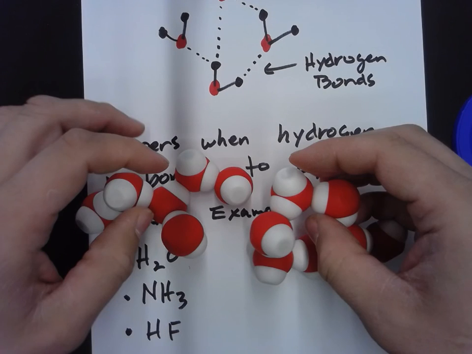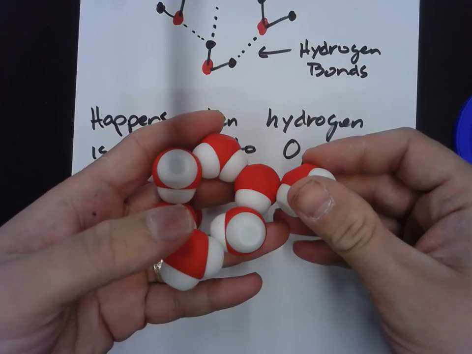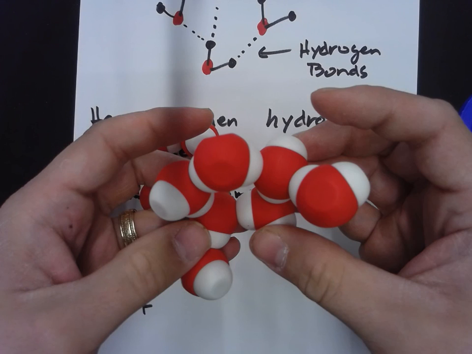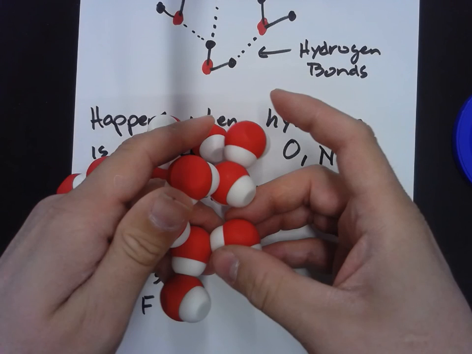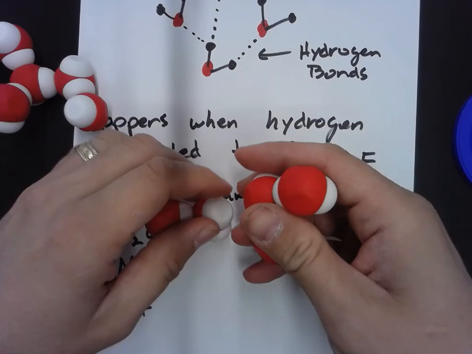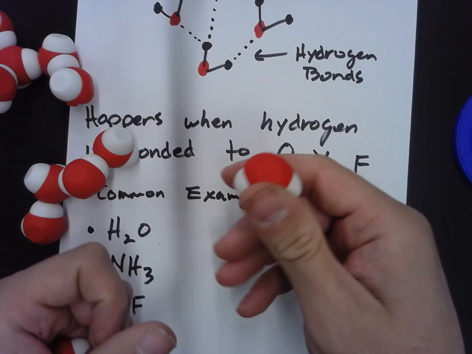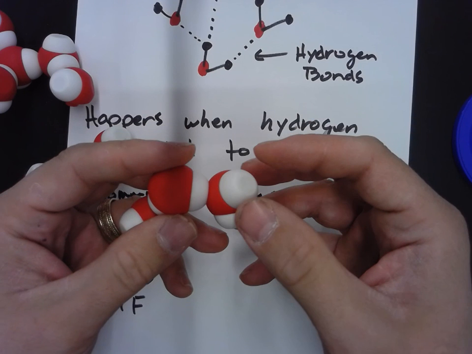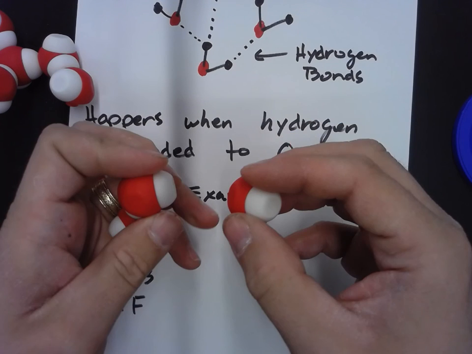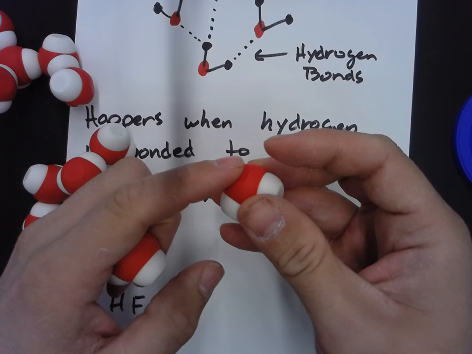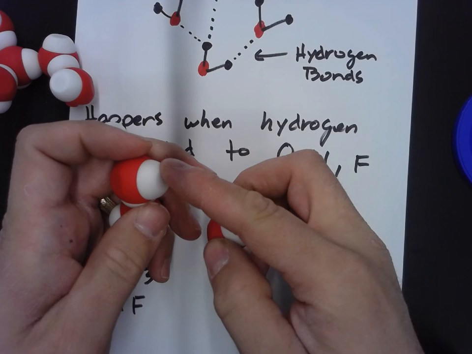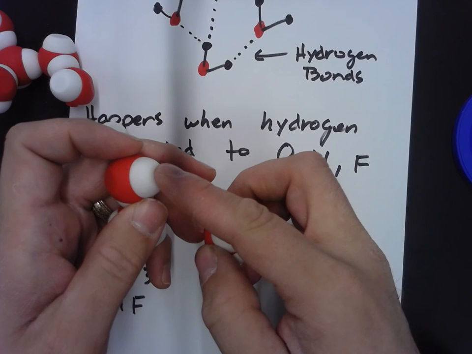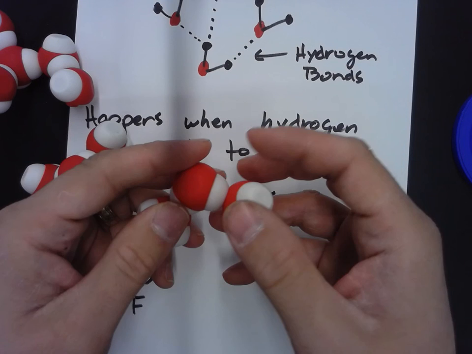I'm going to have this on my desk so you can play with it. It's a really great model, and it shows how this water molecule is polar, so it acts like a little magnet. This partial negative of the oxygen is attracted to the partial positive of the hydrogen on this molecule here. Isn't that neat? That's hydrogen bonding.